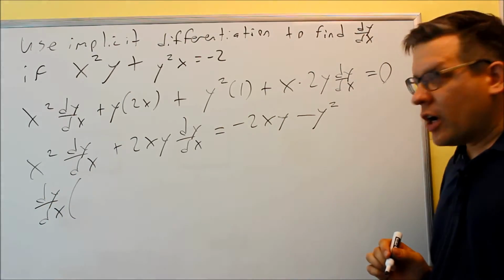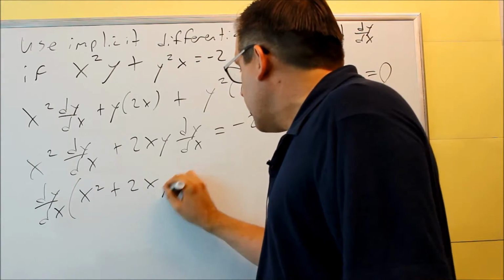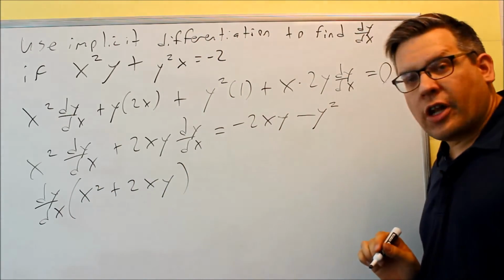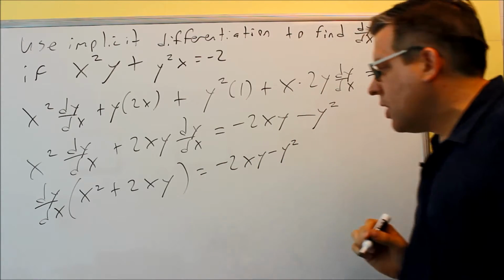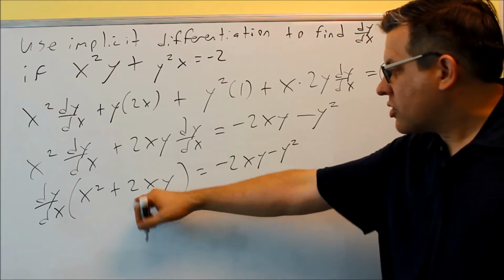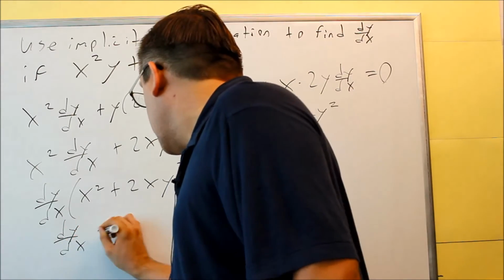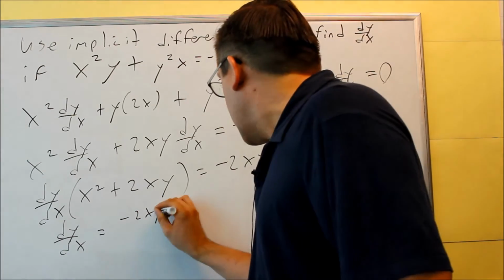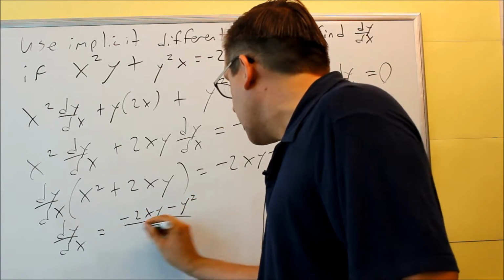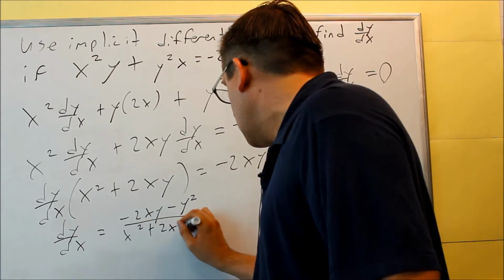Okay, so you factor out dy dx, you're going to get x squared plus 2xy, equals negative 2xy minus y squared. The last thing you're going to do, divide both sides by what's inside the parentheses, and we'll be able to get our dy dx. So dy dx is negative 2xy minus y squared over x squared plus 2xy.